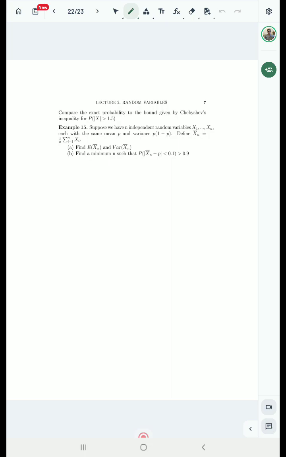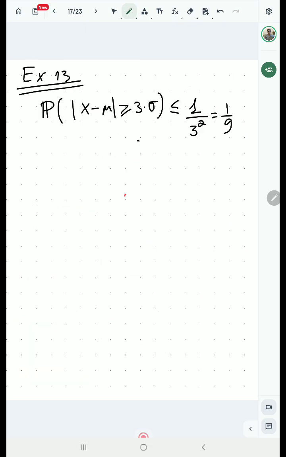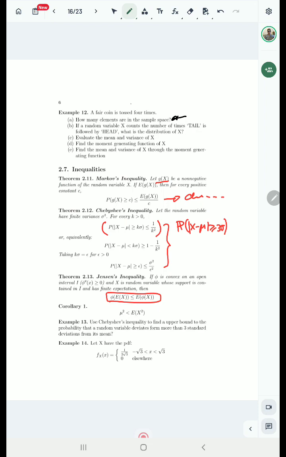We have to find the exact probability using the probability density function, and also use Chebyshev's inequality for that. Now, let me write it here. Example 14. So this PDF is 1 over 2 times the square root of 3.